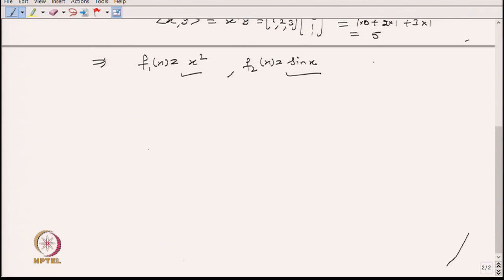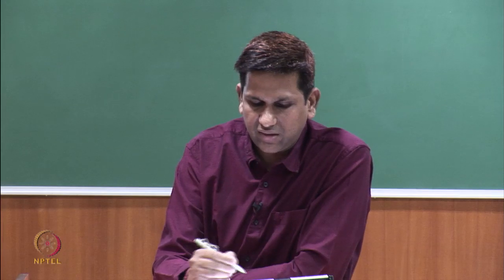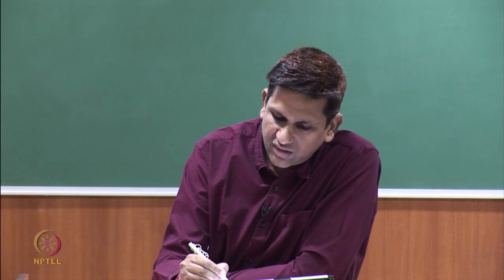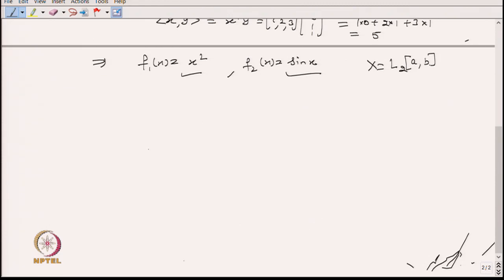Generally we call this vector space the L2 space, and let these functions be defined in the interval a, b. This is the space of functions such that if I take the integration of the function square dx, then it should be a finite value.